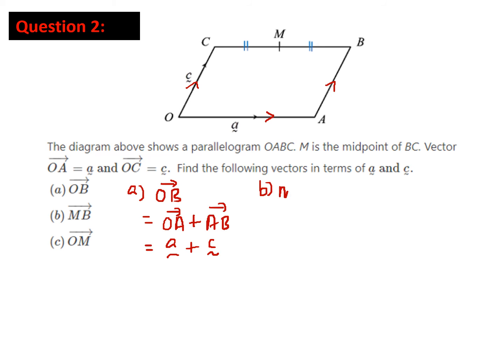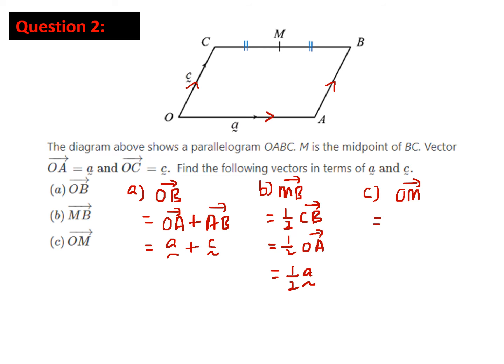B. Vector MB. Since M is the midpoint of CB, that means vector MB is 1 over 2 vector CB, which is also 1 over 2 vector OA. Then vector MB is 1 over 2 vector A. C. Vector OM.